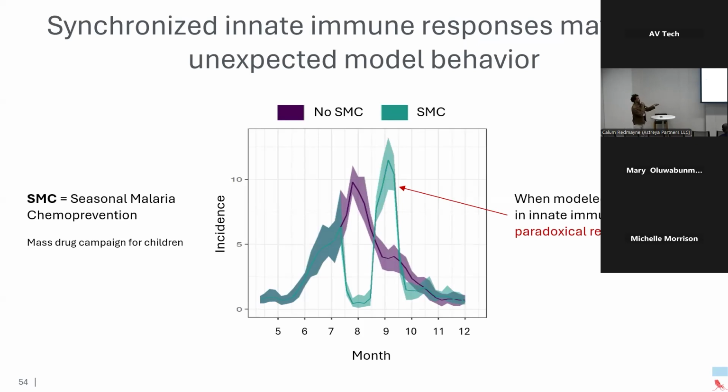The purple trace is for the sort of null situation where this mass drug administration did not happen. And the teal line is after SMC, delivered here in July or August, I guess. And this is the paradoxical rebound that I was describing, where actually doing this mass campaign results in a higher incidence and more cases overall than not doing it, which is not what we think should be happening.